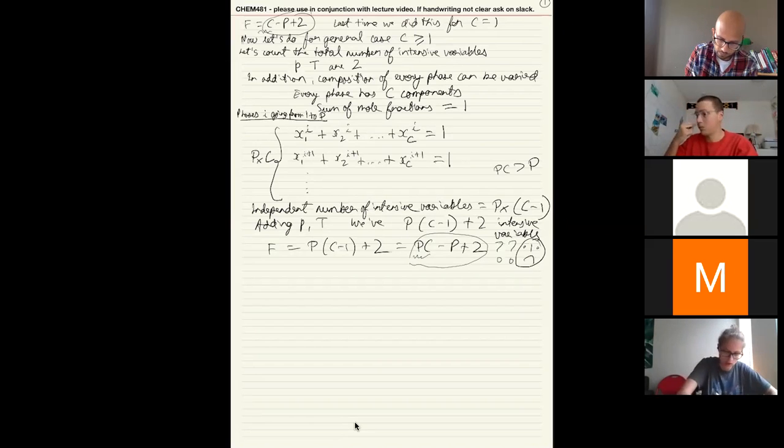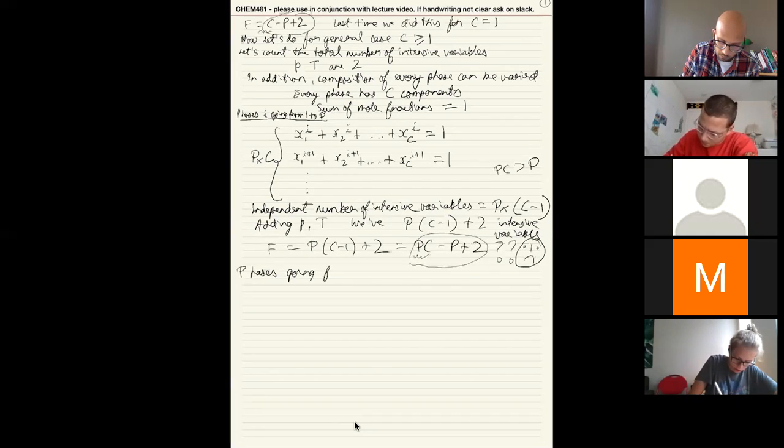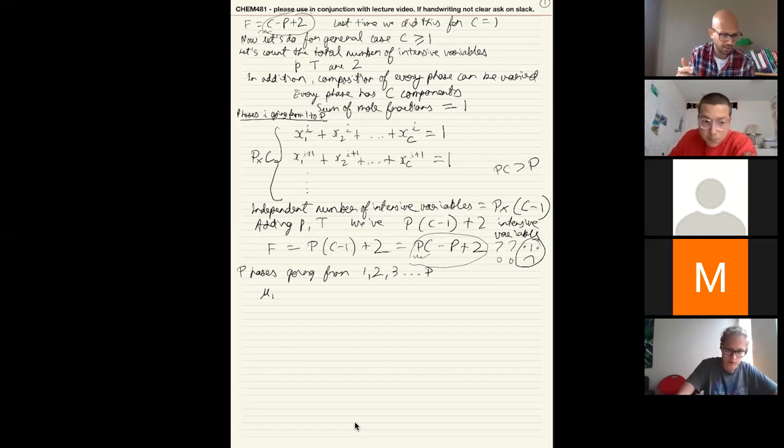So we have P phases going from 1, 2, 3, dot, dot, dot, till P. And for any given species, we will have equilibrium given by the chemical potential. That means that species number 1 in phase, and this P business is going to get a bit, okay, so P, capital P is the number of phases and small p is the pressure, and I apologize for that, and I will try to write carefully so it does not confuse you.